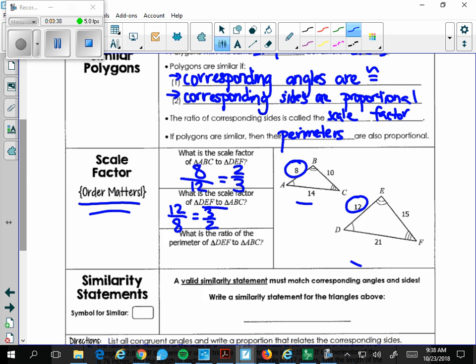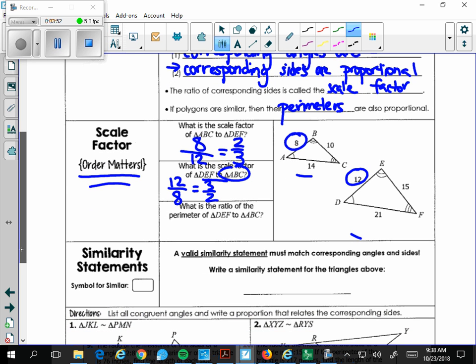But 3/2 tells me that if I take ABC and multiply it all by 3/2, my outcome will be those side lengths of DEF. And again, the ratio of the perimeters is also going to be proportional. It depends on this order again, and the proportion is going to be exactly the same, 3/2.